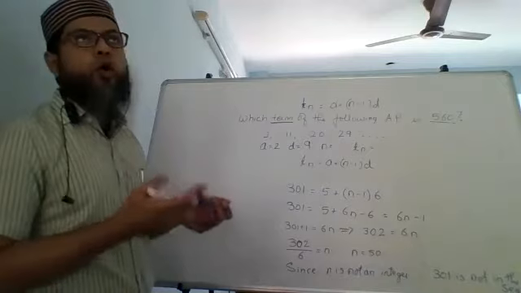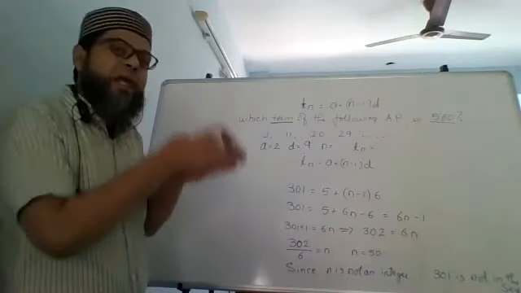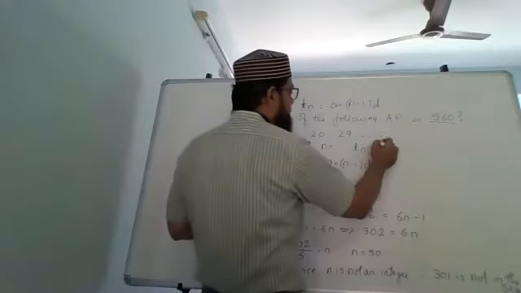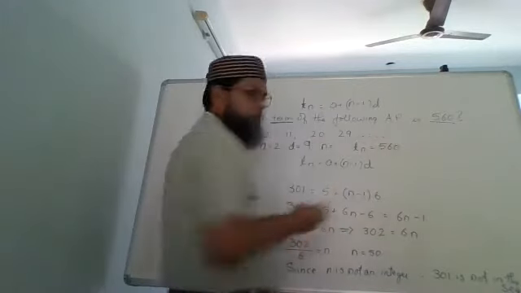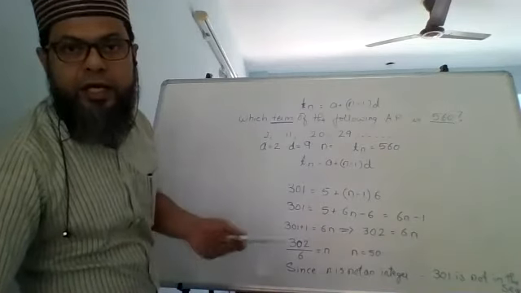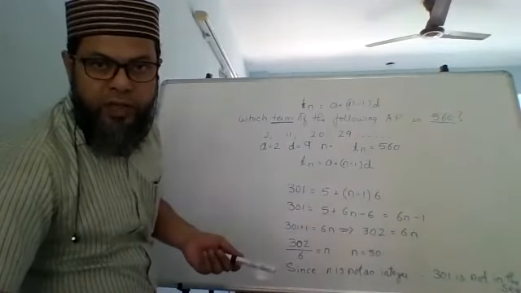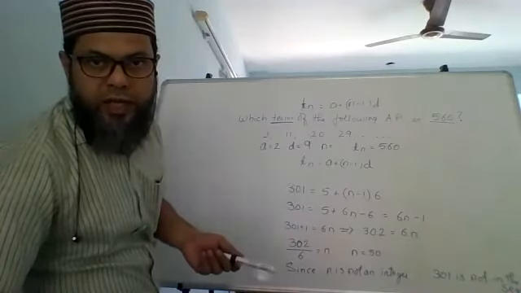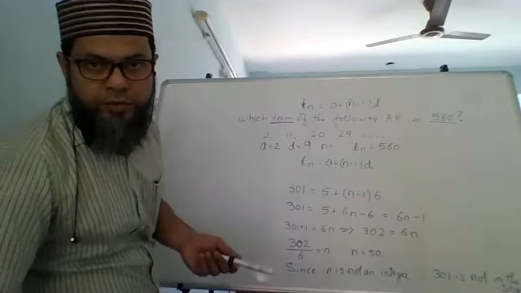Which term? कौन सा term? मतलब term already है, वो कौन सा है वो ढूंढना. So term already है means term is 560. कौन सा है या कितवा है? Okay, that is what it is going to be. कौन सा है? That is what you have to find out.